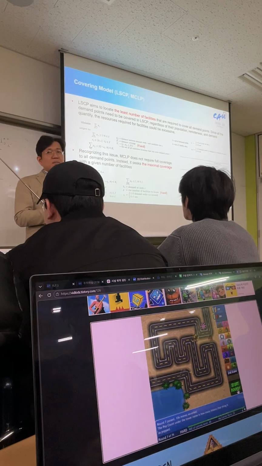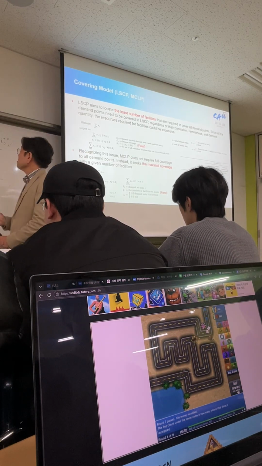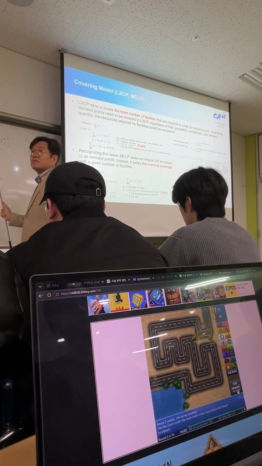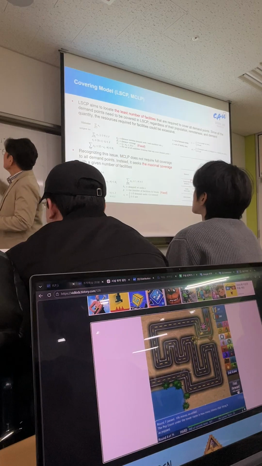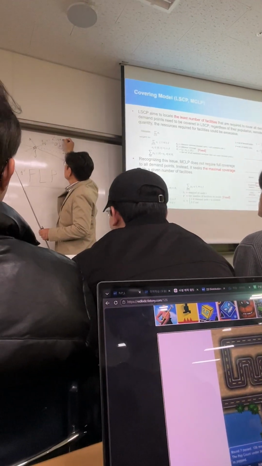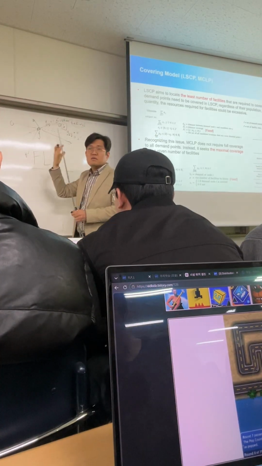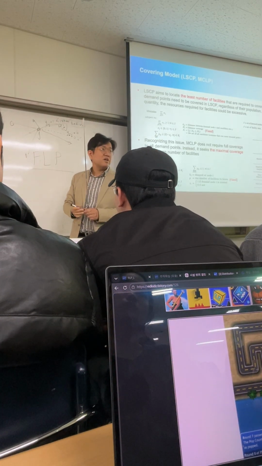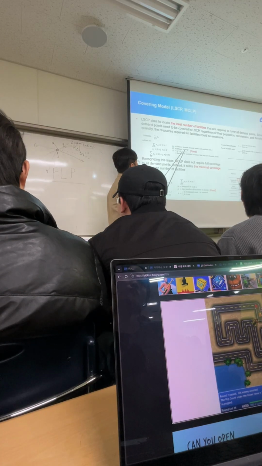So the maximum distance between the facility and the served customer demand should not be more than 10 kilometers or 20 kilometers. So there are various quality related constraints. That is the Dc, distance coverage.